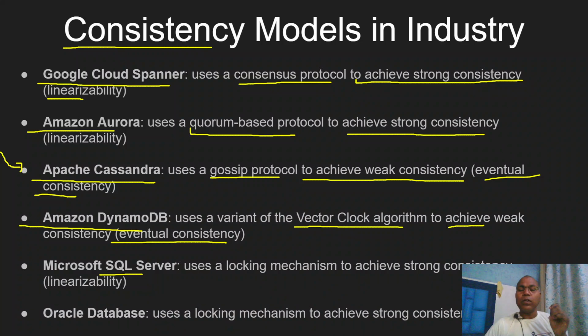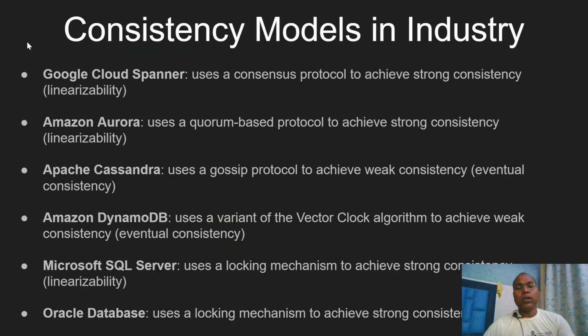Microsoft SQL Server ensures strong consistency through a locking mechanism. Similarly, the Oracle database also uses a locking mechanism to ensure strong consistency. So for lots of data storage services, cloud and non-cloud, you have to think about what way we can achieve strong consistency or eventual consistency.